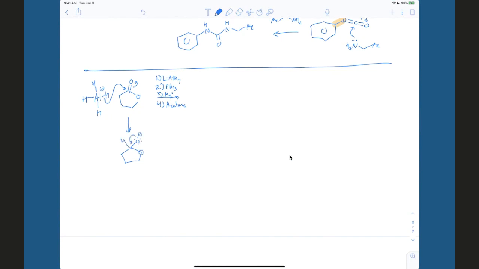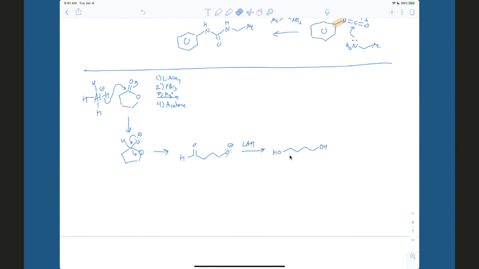This will collapse. We're going to make an aldehyde, and more LAH will react with this to reduce the aldehyde. And then on workup, we're going to make a diol. We started with 4 carbons, we still have 4 carbons, so we're good.